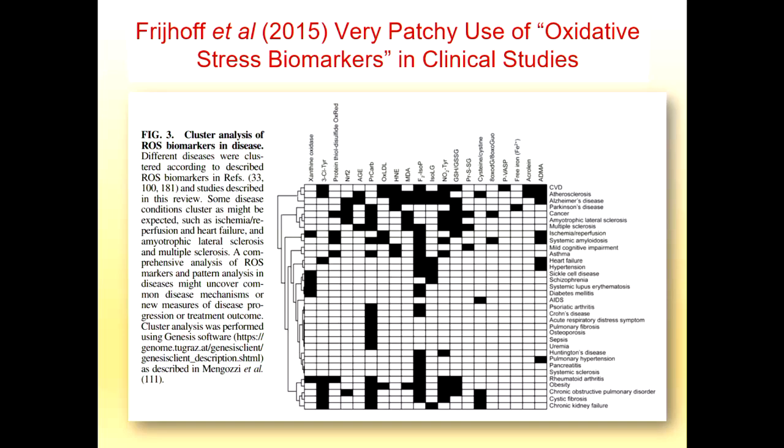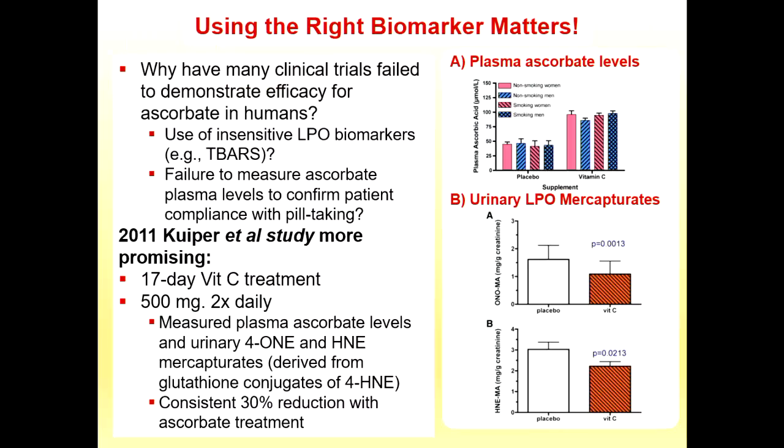And so we don't really know whether the doses of antioxidant we're giving really do achieve a suppression of relevant biomarkers in that particular disease. And it really does matter.